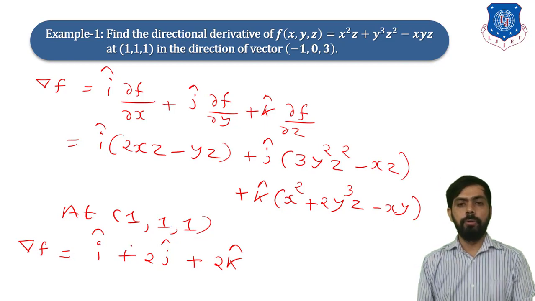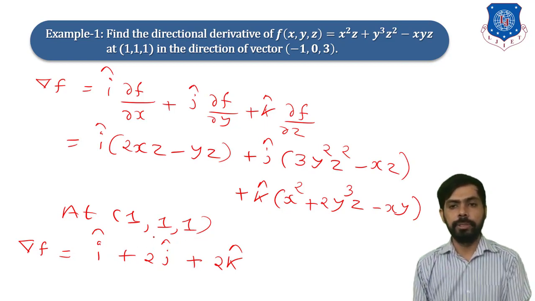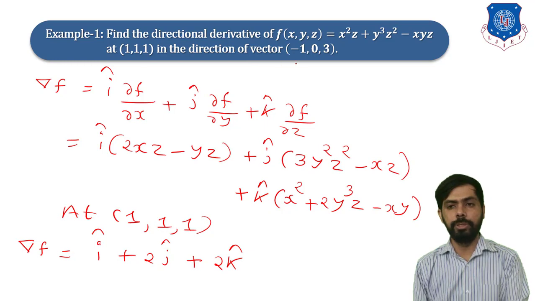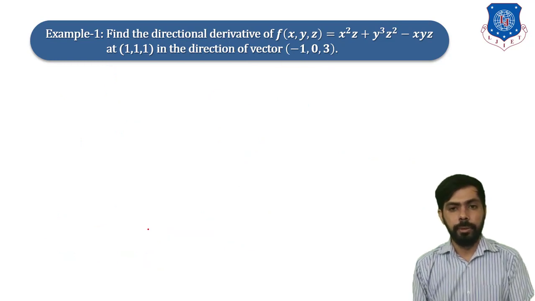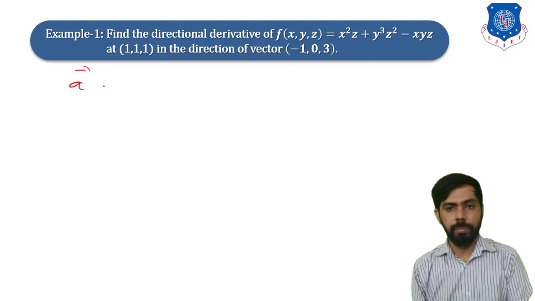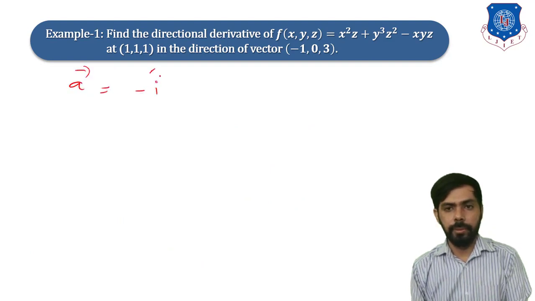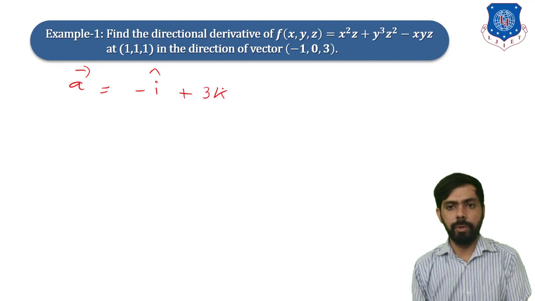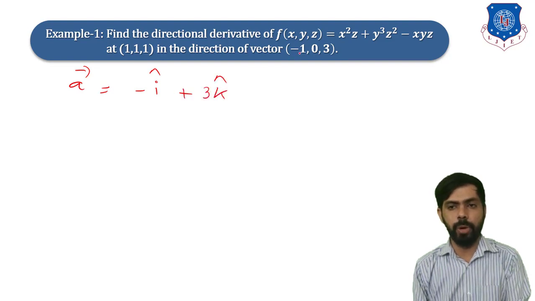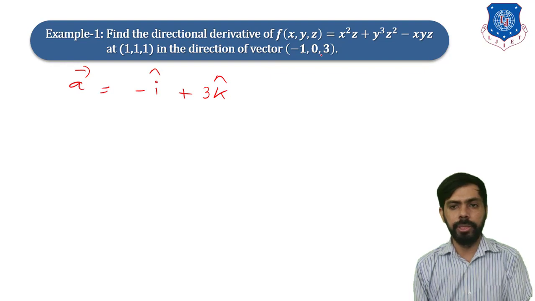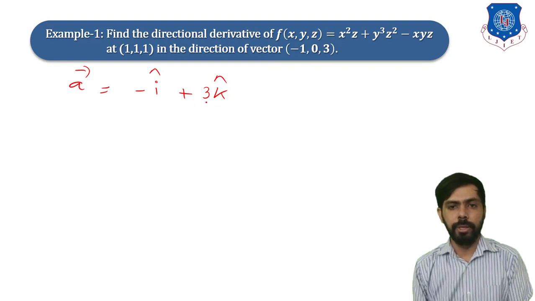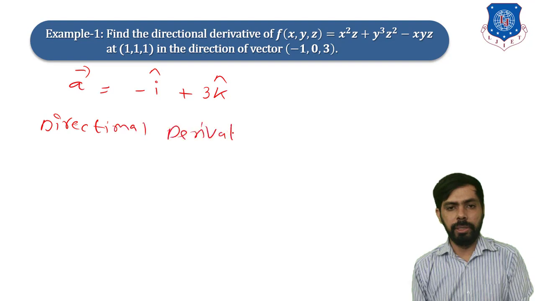Now we have to find the directional derivative in the direction of this vector, and the vector is minus 1, 0, 3. So here in this example, the direction a is minus i plus 3k, because you can see that this will be minus 1 into i plus 0j plus 3k. So this will be minus i plus 3k. Now as we have to find the directional derivative, it is the dot product of gradient f and the unit vector in the given direction.